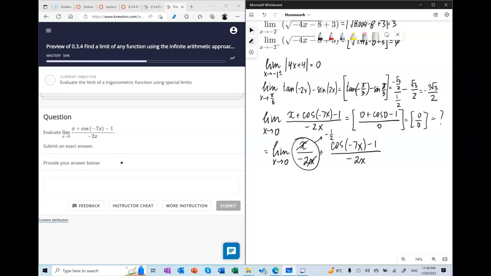Now, this part really looks like a special limit, but in the special limit, it has to be a perfect match between what we have inside of the cosine and what's in the denominator. We don't have a perfect match here. Here we have 7, and here we have 2. So what do we do with it?